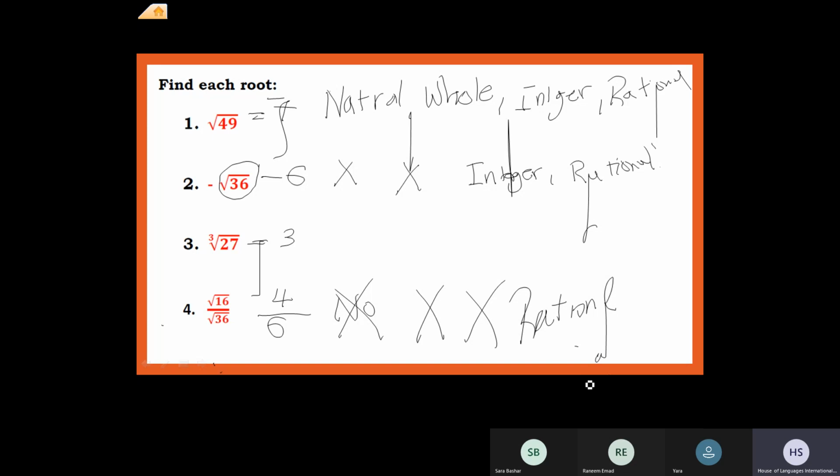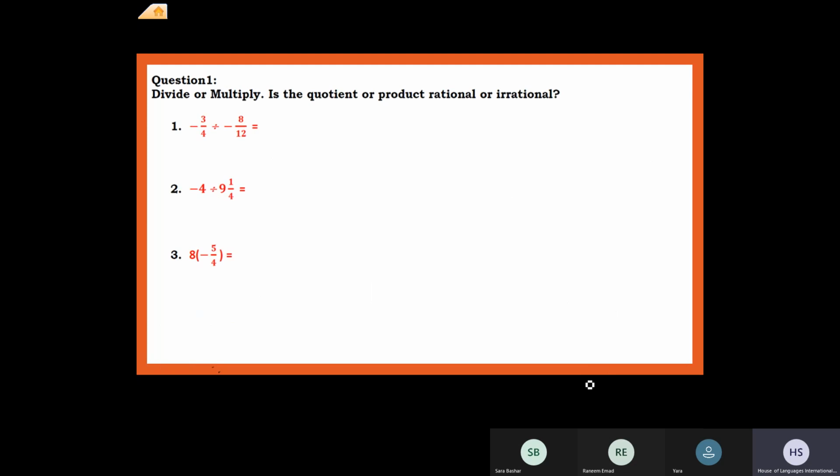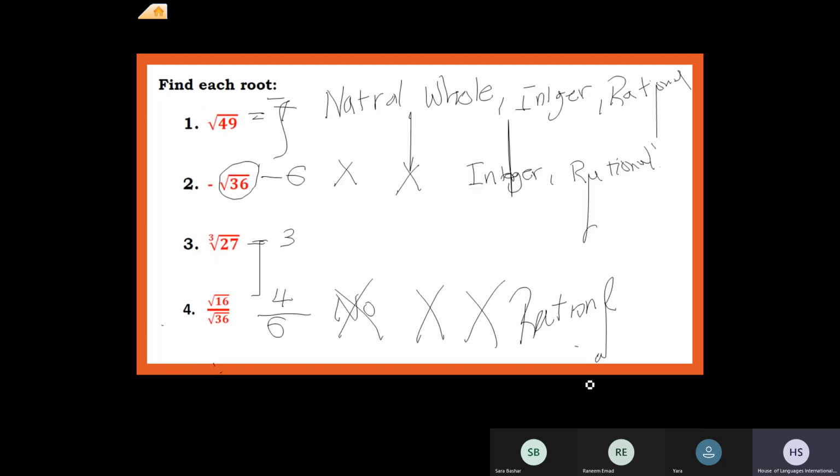Yes, it's natural. Bravo. If I told you now this one, to which does it belong? Natural, whole, integer, or rational? Circle only rational.